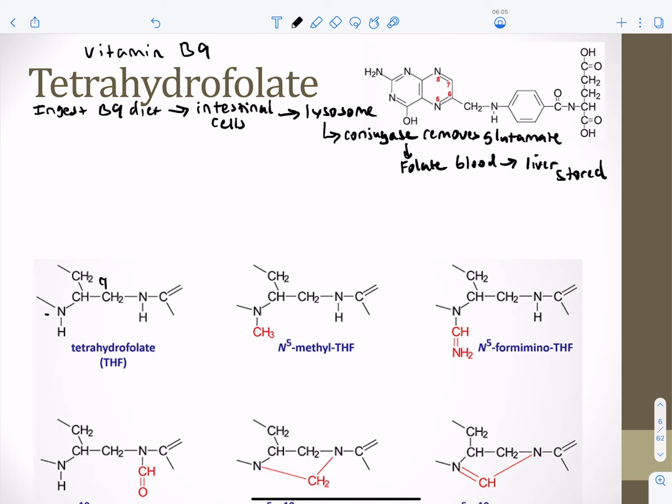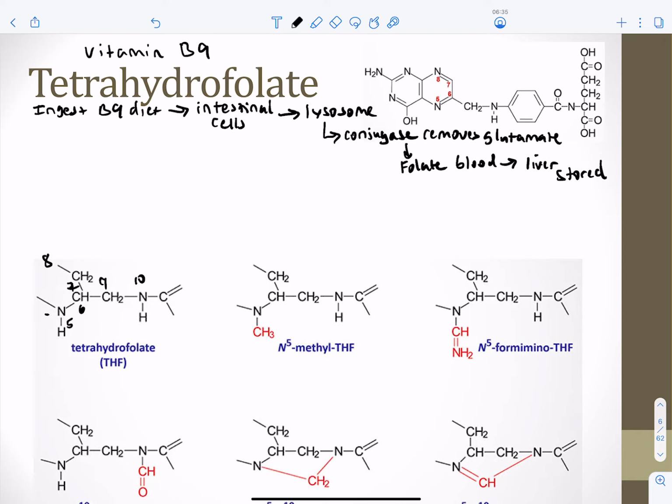For tetrahydrofolate, you have your numbering system again. You have your 5, your 6, your 7, your 8 not really being shown here, and then a 9 and a 10. Now, your tetrahydrofolate is going to be very important in many reactions that involve methylations. These are involved in gene expression, development, stability of your genome, as well as other reactions.